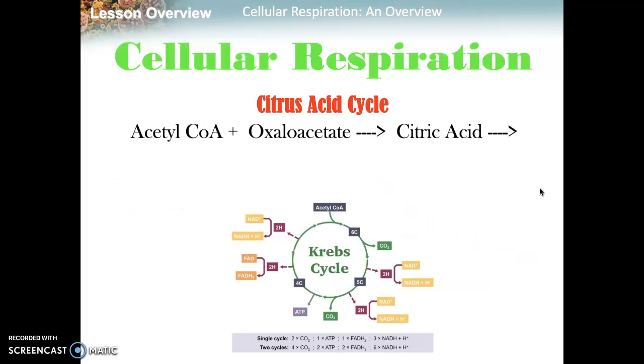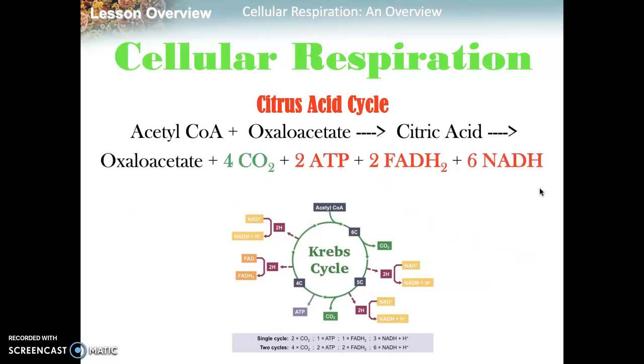So again, if we look at an overview, acetyl-CoA plus oxaloacetate produces citric acid, which produces, again, oxaloacetate. It is being recycled, hence the name cycle. We are going to produce 4 carbon dioxides total. So now we have our 6 carbon dioxides.